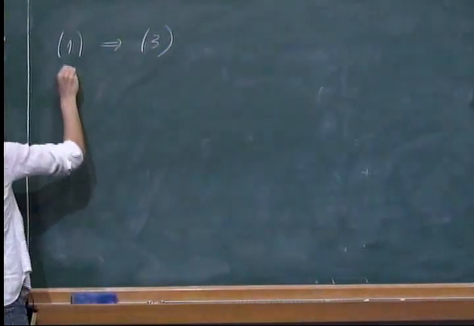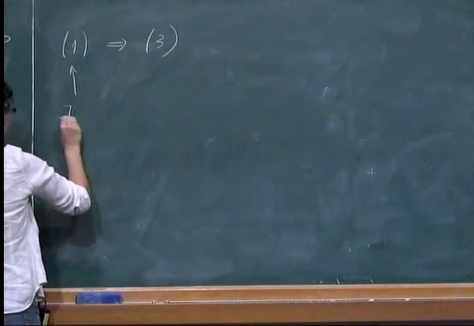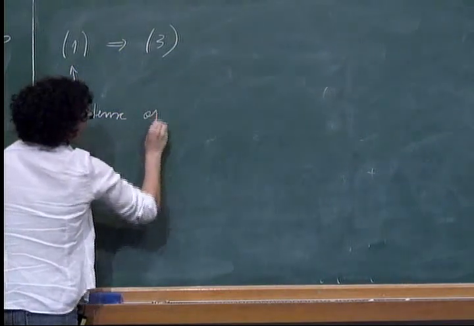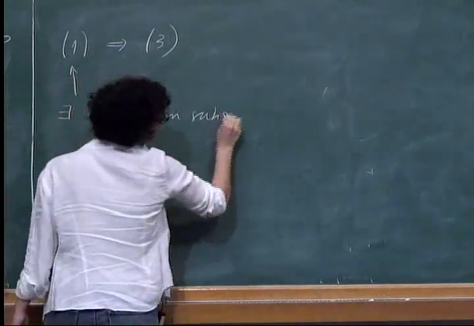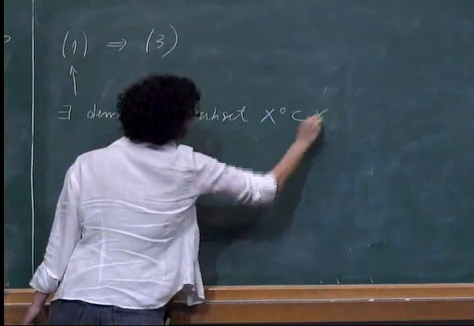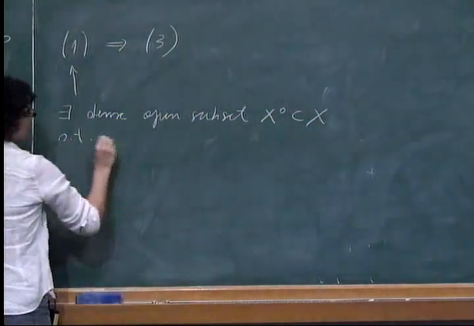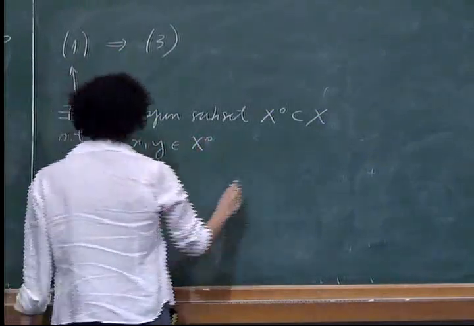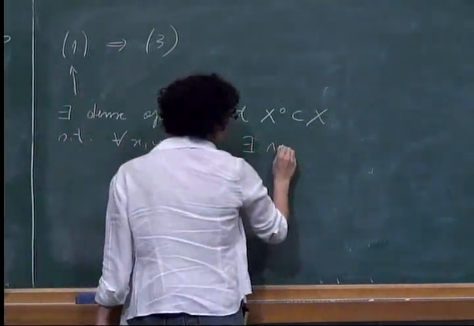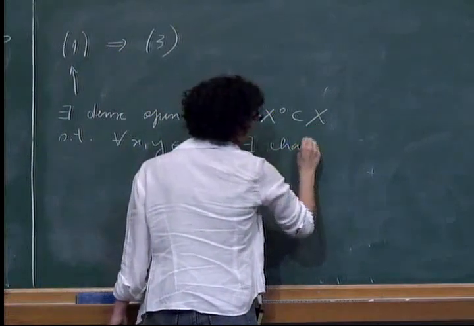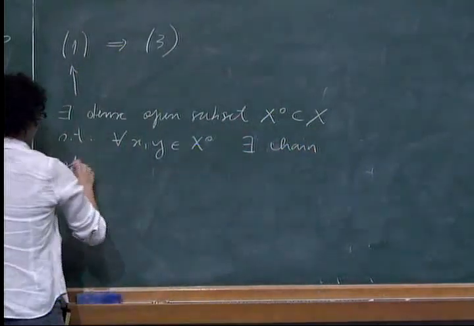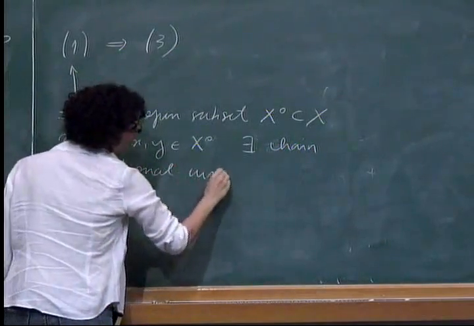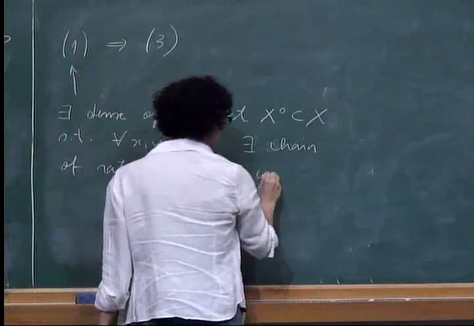Let me recall that 1 said that there exists a dense open subset X naught in X such that for any 2 points x, y in X naught, there exists a chain of rational curves connecting them.